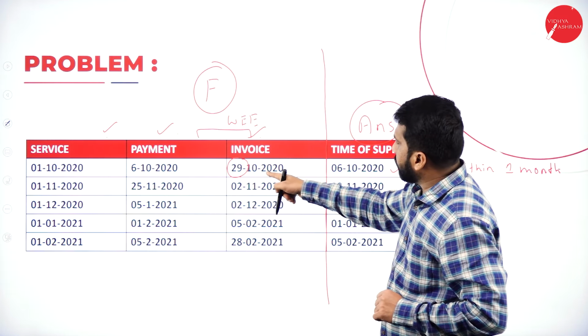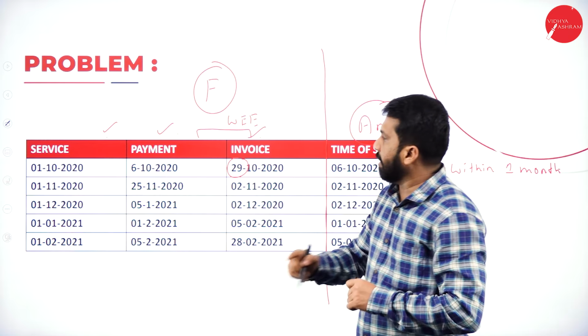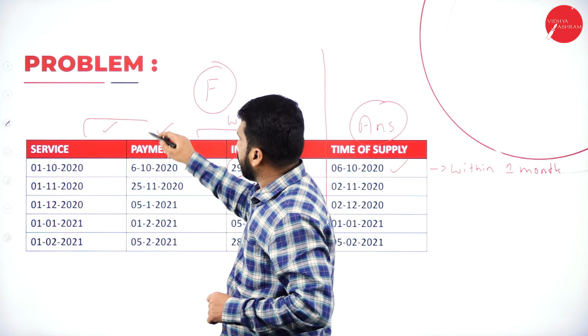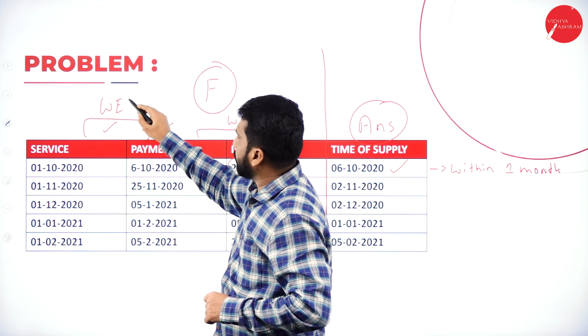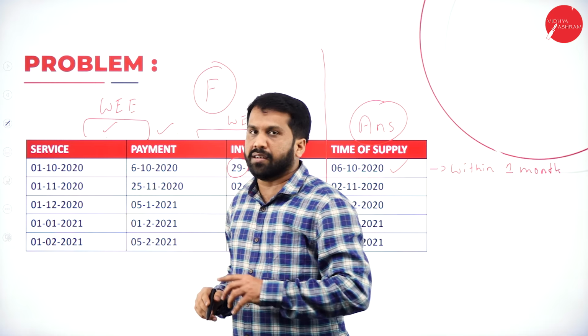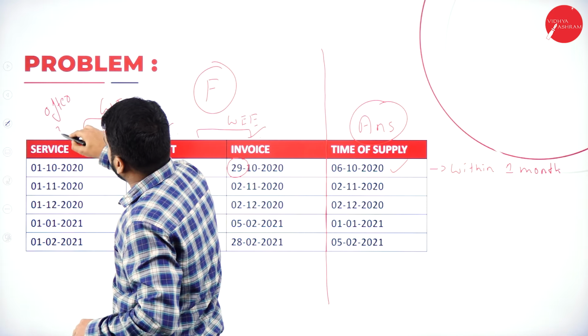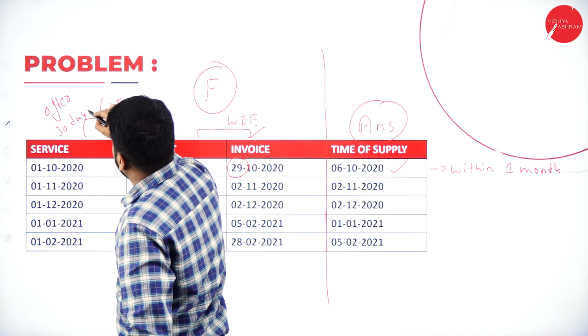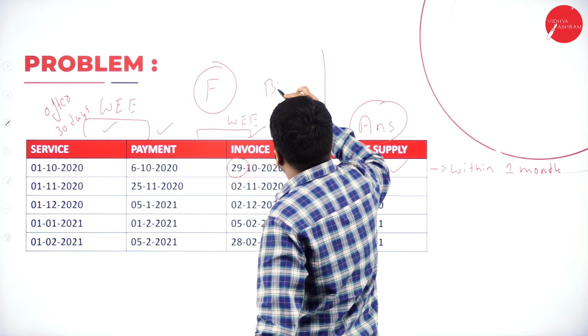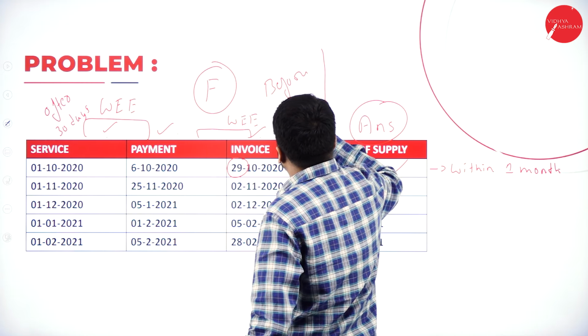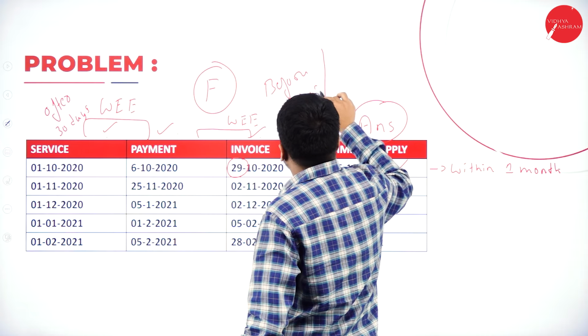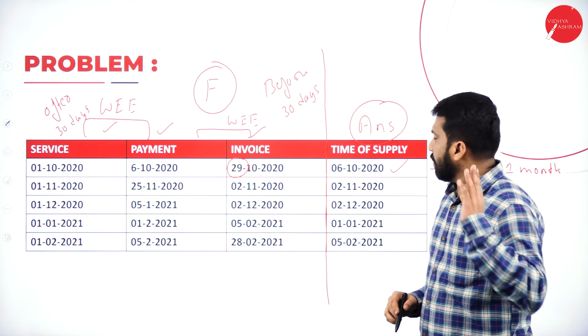If the invoice is made after 30 days, then whichever is earlier. Clear? This will be after 30 days. This is before 30 days. Hope you are clear.